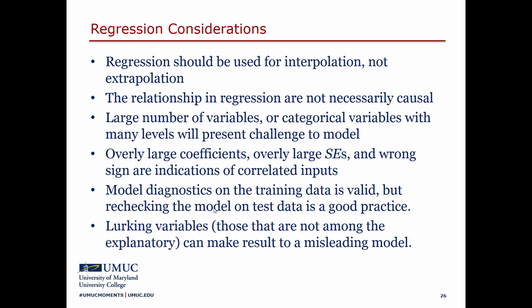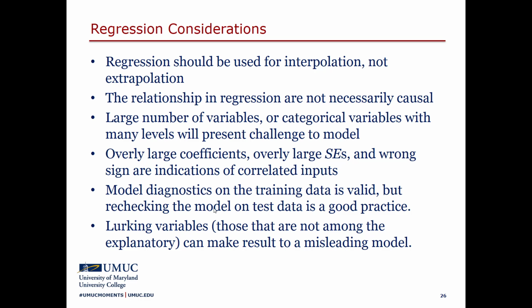Also the same thing when you have categorical variables with many levels, then that also presents a challenge, because if you remember, one of the encoding schemes that we use for categorical variables is that for each value of the predictor, we have a corresponding binary variable.